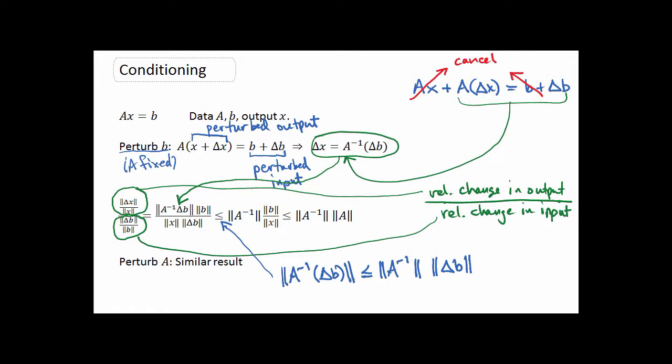So now we're left with the norm of A inverse times the norm of B over the norm of X. Now in the next step we use that B is the same thing as AX, and again we use the inequality: the norm of B is at most the norm of A times the norm of X. So now the norm of X cancels out in the numerator and denominator, and what we're left with in total is the norm of A inverse times the norm of A. It's a simple, beautiful little formula that is an upper bound for the relative change in the output divided by the relative change in the input.